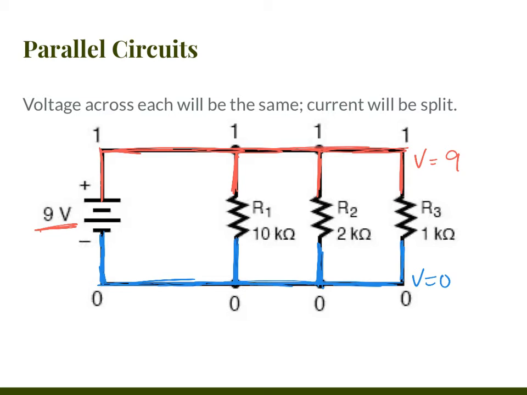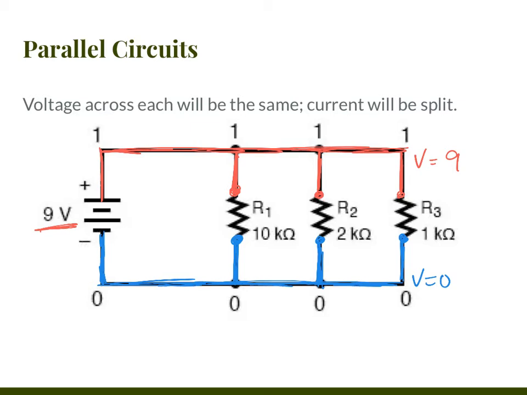So the potential difference from the red side to the blue side of each of these resistors has to be the red minus the blue, which is 9 volts. Every resistor here has a potential difference of 9 volts. But they all have varying resistances. So according to Ohm's law, the current's going to be different.